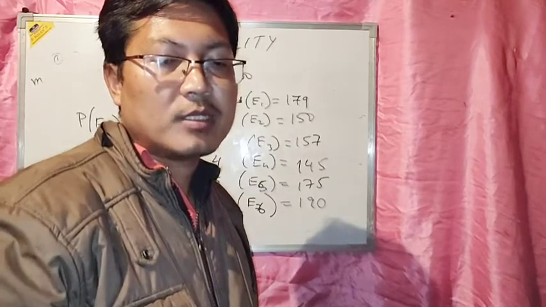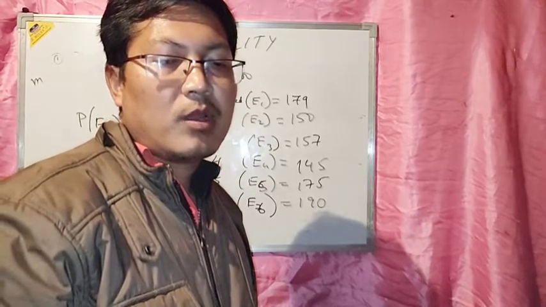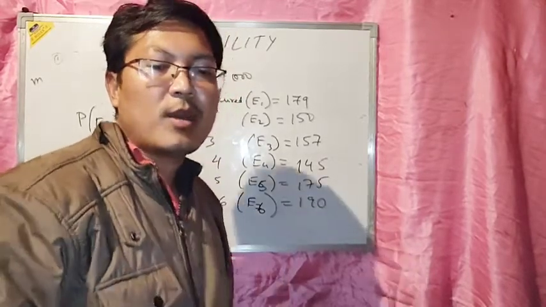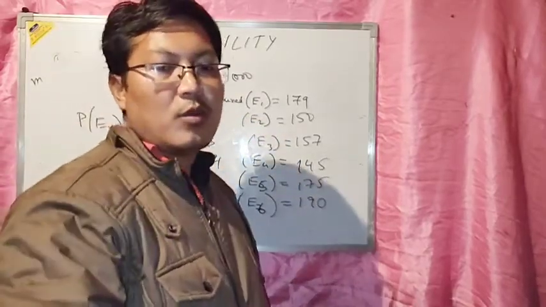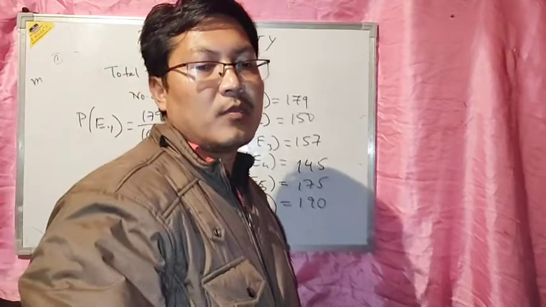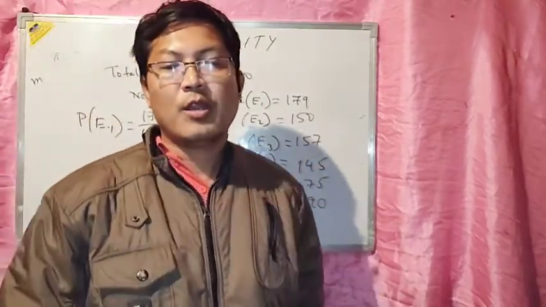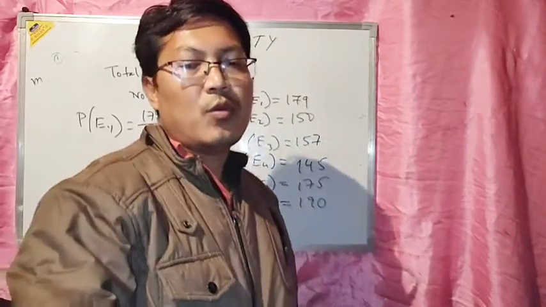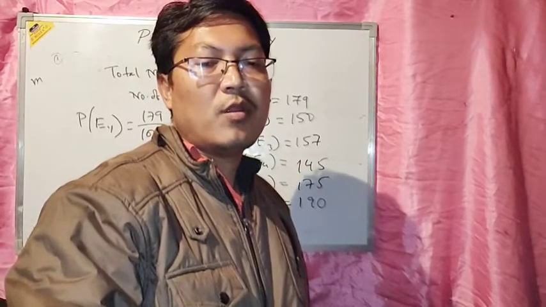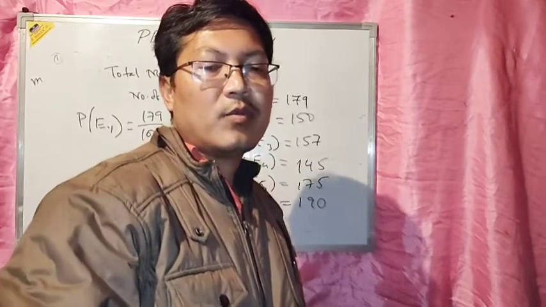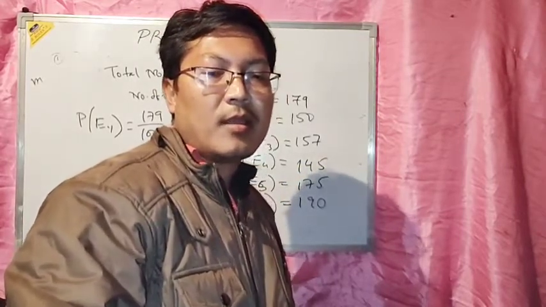Digit, and frequency, the number of times it occurs. Suppose 0, 1, 2. Frequency means number of times. The occurrence of 0 is 22, 1 is 26, 2 is 22, 3 is 22, 4 is 20, 5 is 10, 6 is 14, 7 is 28, 8 is 16, 9 is 20.